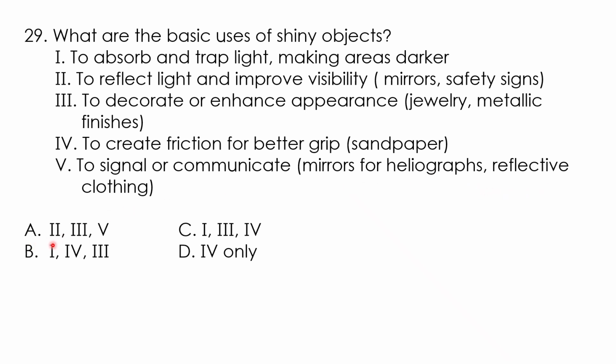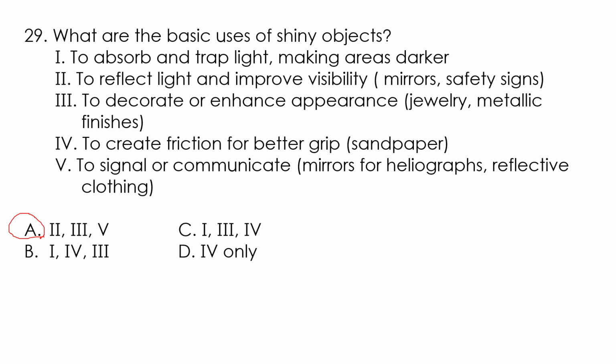A. It is 2, 3, and 5. B. 1, 4, and 3. C. 1, 3, and 4. D. 4 only. What is your answer, kids? Of course, it's letter A. 2, 3, 5.